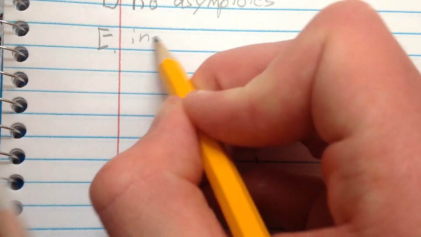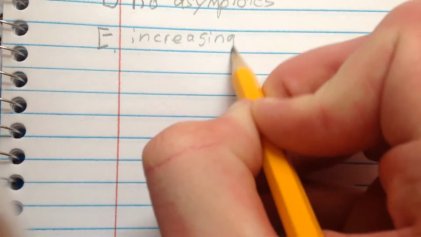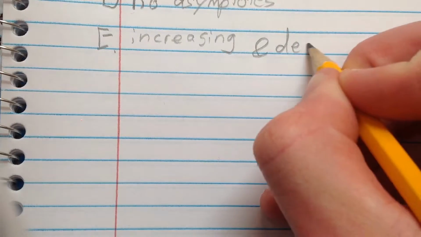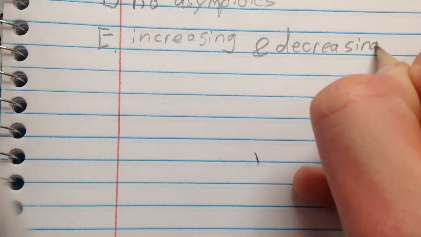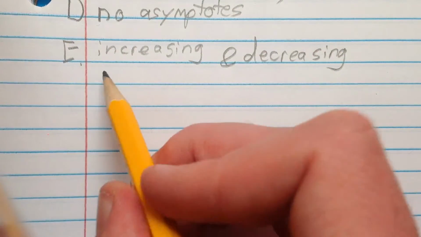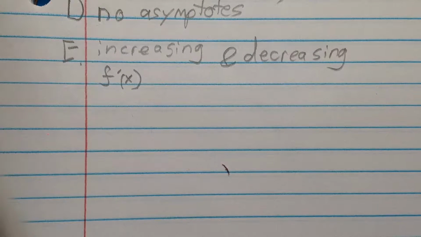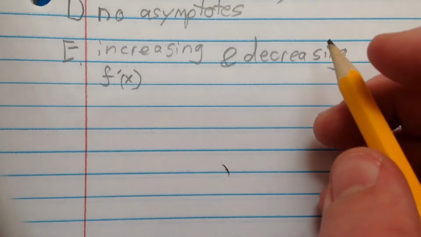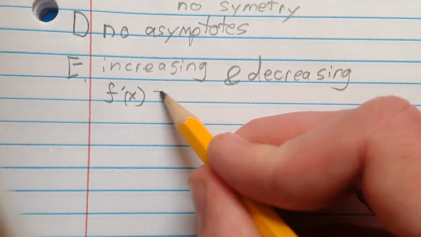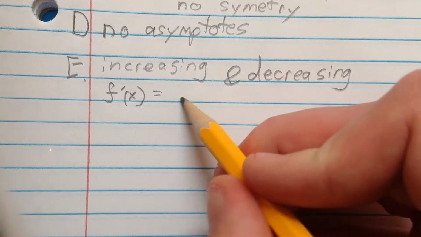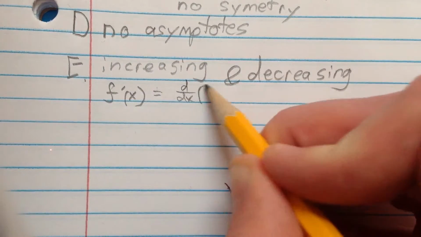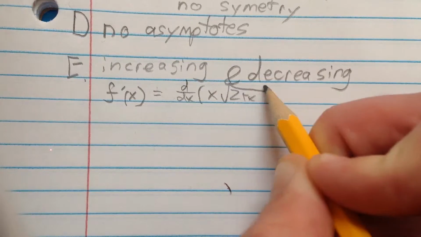Now moving on to step E, we have to determine where the function is increasing and where it is decreasing. To do that, we have to find the derivative of the function, because the derivative tells us the slope of the function, and the slope will help us determine where it is increasing and decreasing. So to find the derivative, we take the original equation, d over dx of x times the square root of 2 plus x.